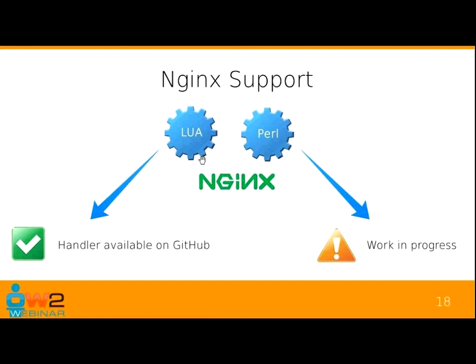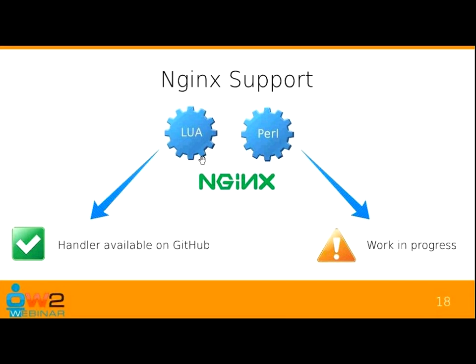And to conclude this presentation, a small word about Nginx. As I said previously, LemonLDAP is embedded in the Apache Web Server, and we are now working on Nginx support. But for now, we wrote a specific handler in Lua, which is the main scripting language in Nginx.